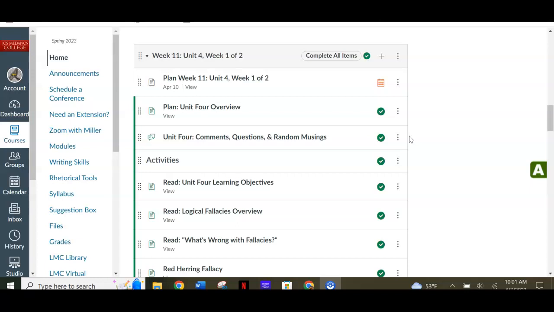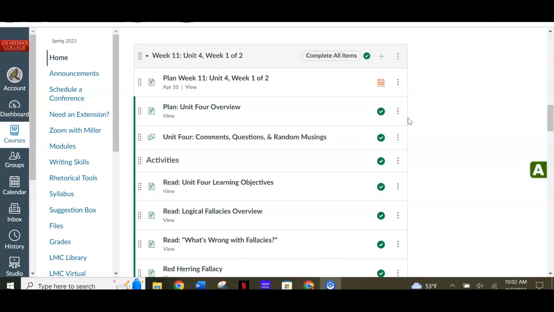Welcome to Unit 4. As I mentioned in the Unit 4 overview, this is another very short unit. In the same way that Unit 2 was, this is only a 2-week unit here. And the focus really is on logical fallacies and problems with reasoning.